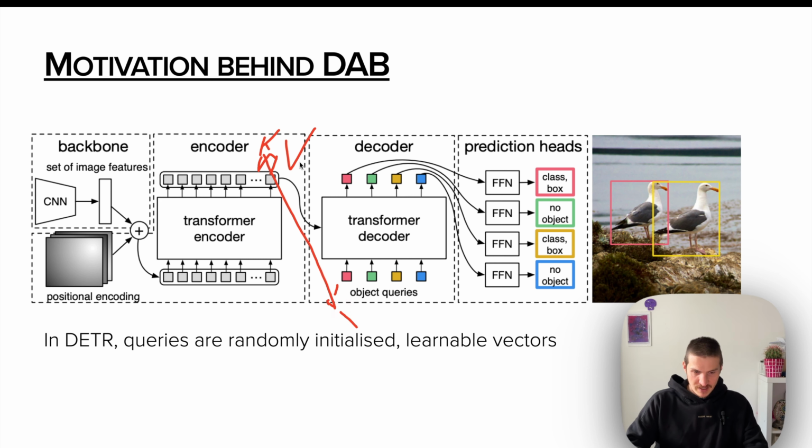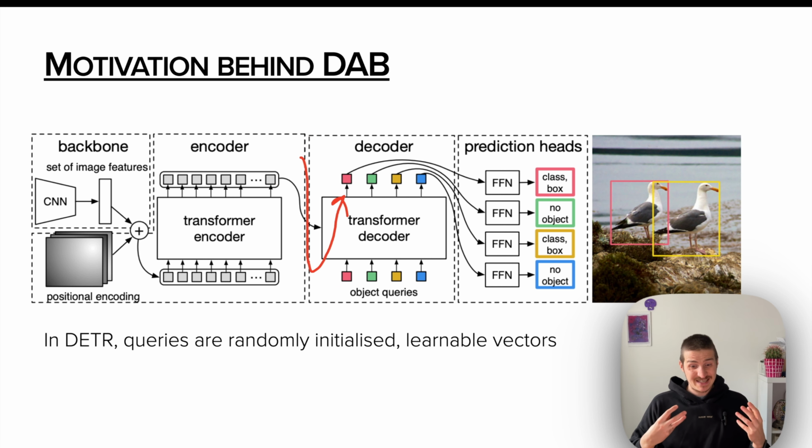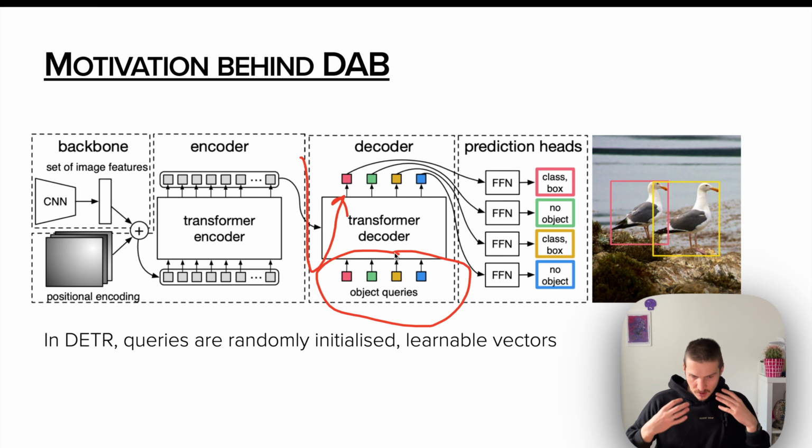And then the actual values are used to compute the output, and the attention mask is used as weights for these values. So the main purpose, or should I say the only purpose, of these object queries is to participate in this attention process, to tell the network where to pay attention.